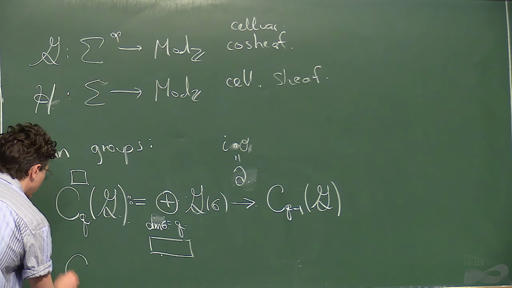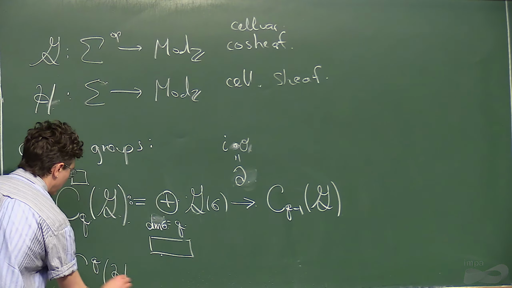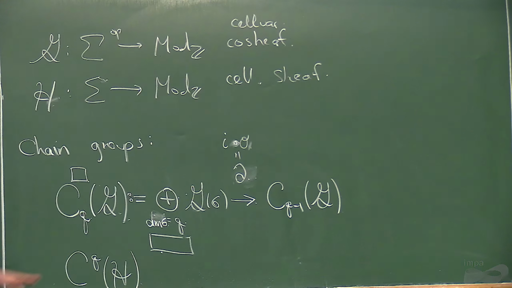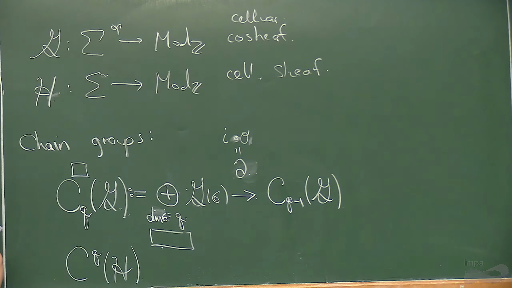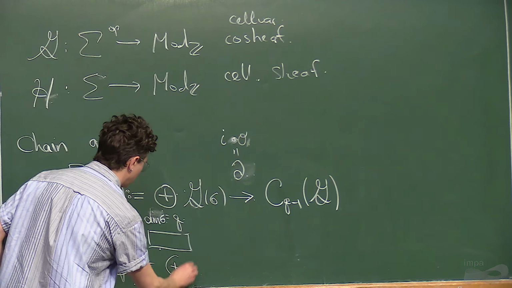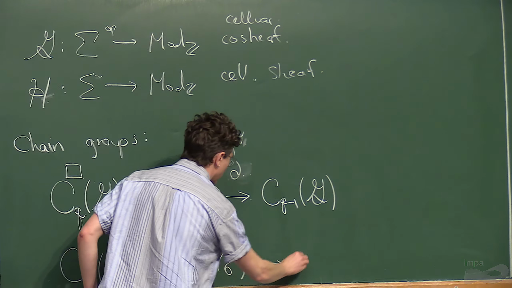And then analogously, we can define for a sheaf the q cochains of the sheaf as, again, just a direct sum. And then we have a differential going in the other direction. So now our differential goes up.